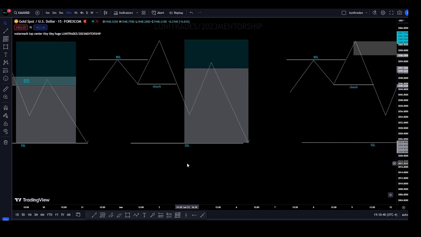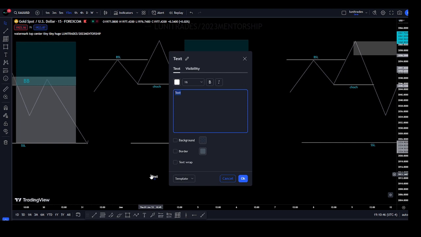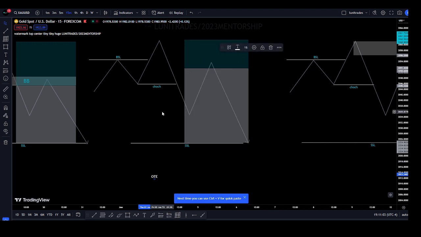It's something called the OTE. Let me type it out. OTE, optimal trade entry. That's what it stands for. Write that down, please. Now, what is an optimal trade entry?